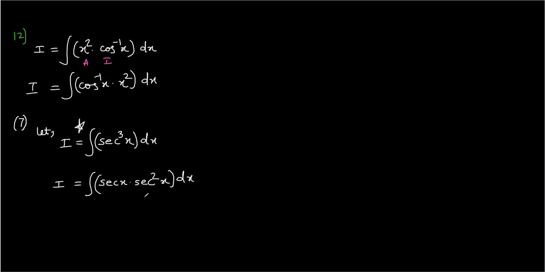Now, as we all know, students, the one that you write as the second factor is v, and that v is the one that is integrated. If I write sec square x as v, then I will have to integrate sec square x, which is tan x plus c.